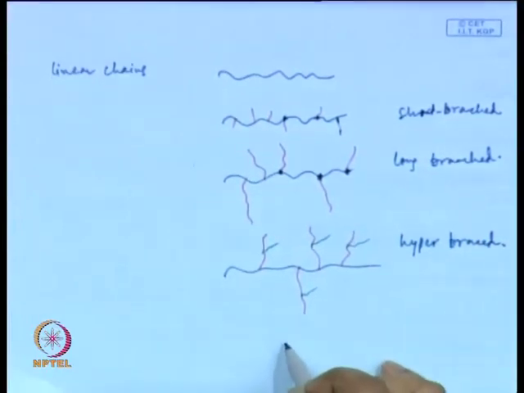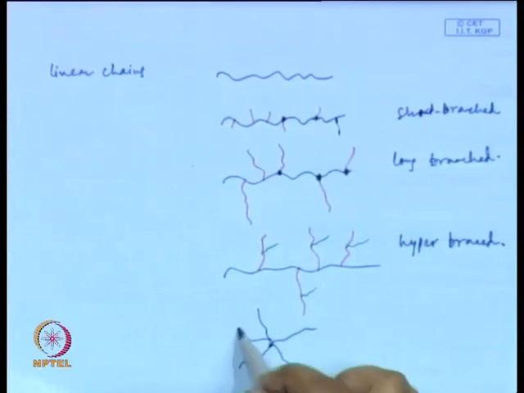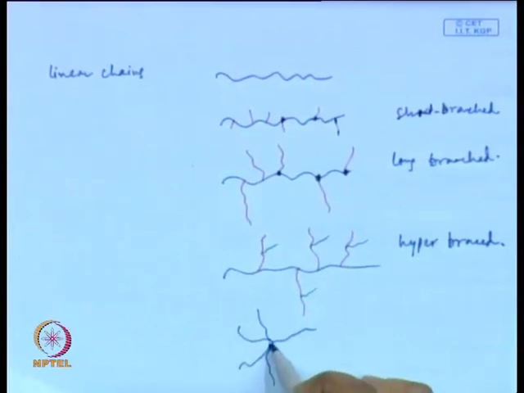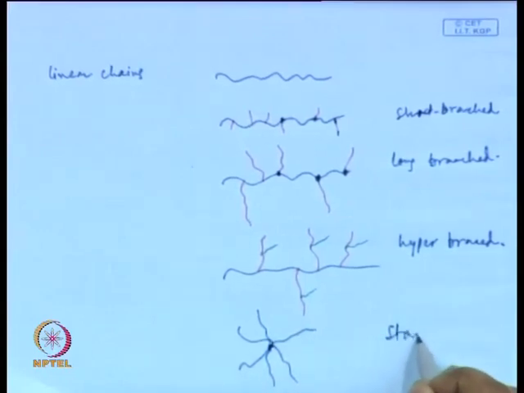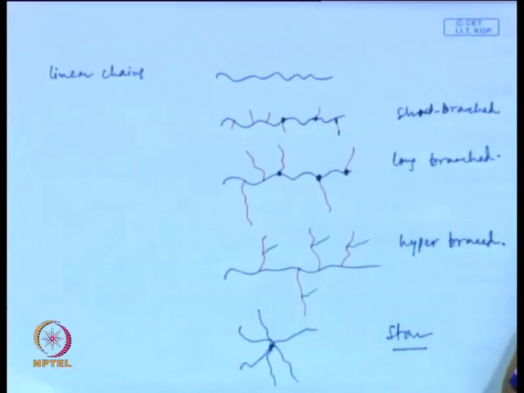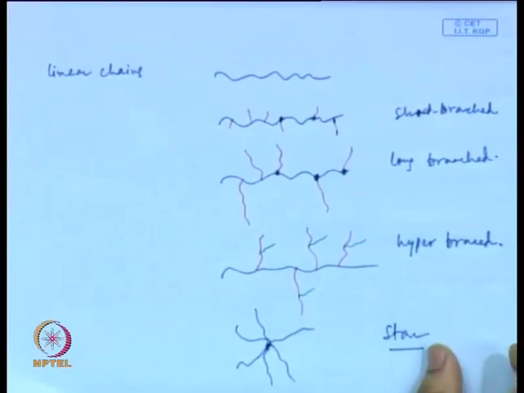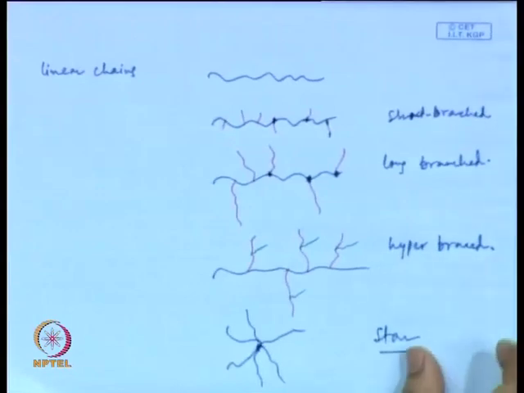Now, a special type of branching: if you have a polymer like this where branches come from a single point, you get a star polymer. Now, you can also have network polymers.